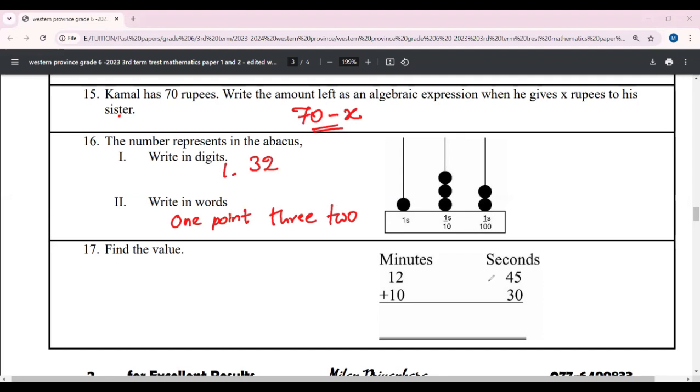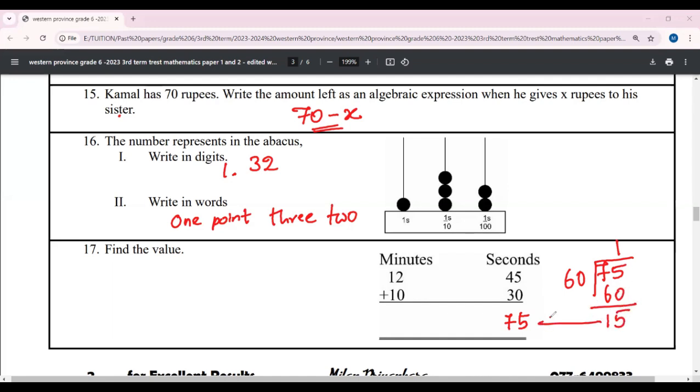Find the value. Here we have to add this. 5 plus 0 is 5. 4 plus 3 is 7. Now you know 75 seconds cannot be written here. Therefore, we have to find how many 60s are there in 75. 60 seconds means 1 minute. So for 75, you have 1 sixty. 1 into 60 is 60, and you subtract this, you get 15 here.